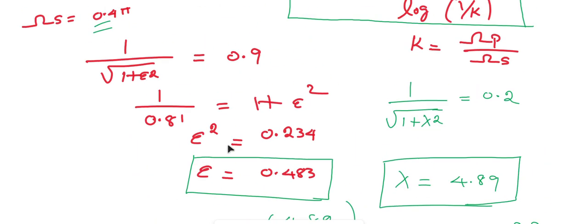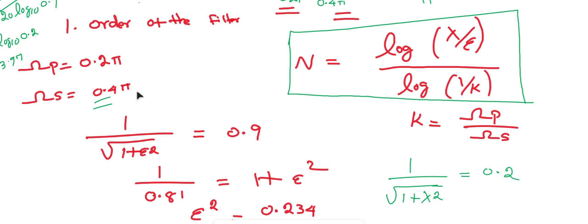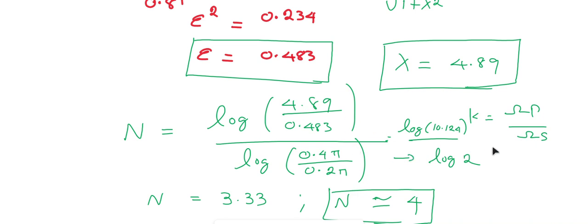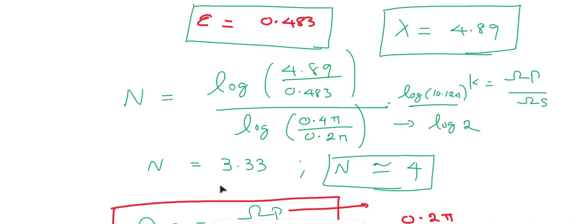Here omega s is 0.4 pi and omega p is 0.2 pi, so 0.4 pi by 0.2 pi. You can simplify and compute the values using a calculator, and you can verify that n is equal to 3.3. So n is approximately 4.